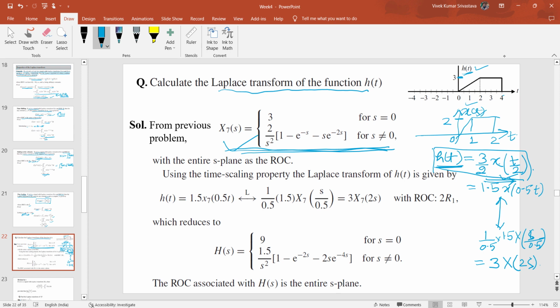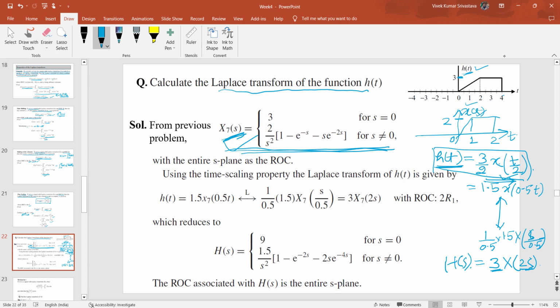Okay, so x of s is basically given to us. So here what we have to do, we have to multiply the amplitude by 3 and also replace the parameter s with 2s, so as to evaluate h of s.